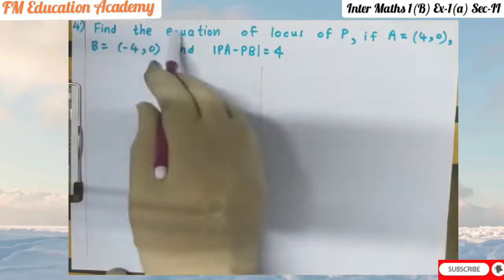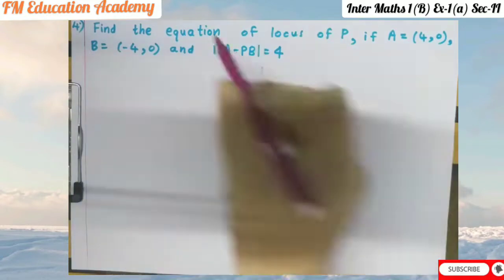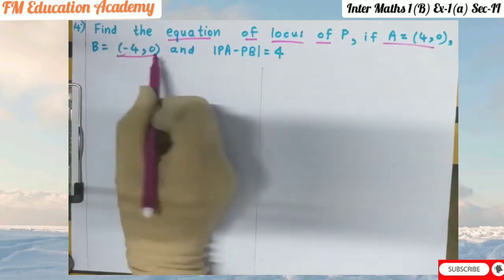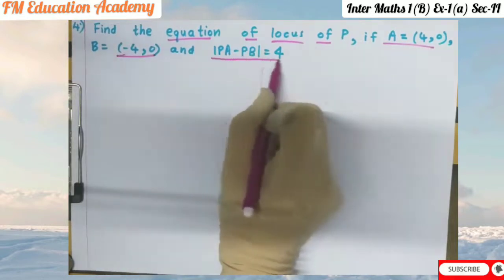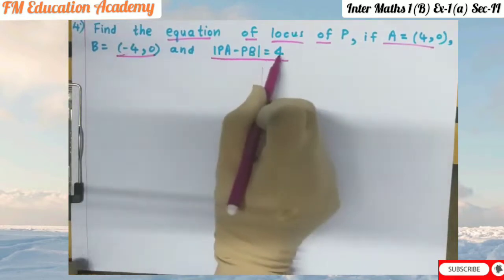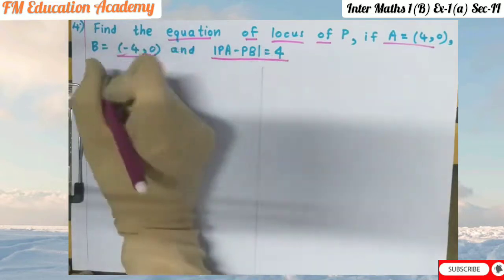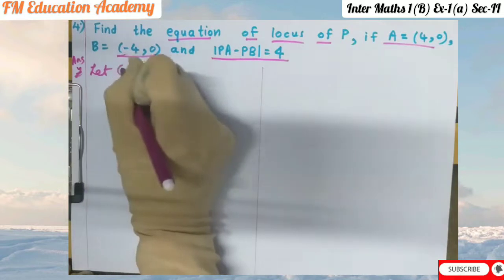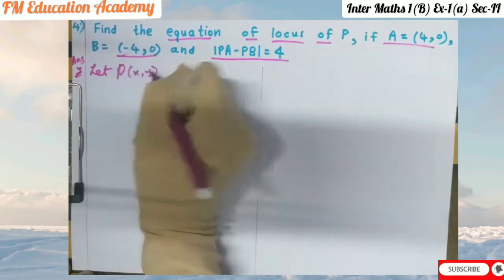Fourth question: find the equation of locus of P if A is given as (4, 0), B is given as (minus 4, 0), and it directly gave the condition mod PA minus PB is equal to 4. So let P (x, y) be a point on the locus. That is our first step.